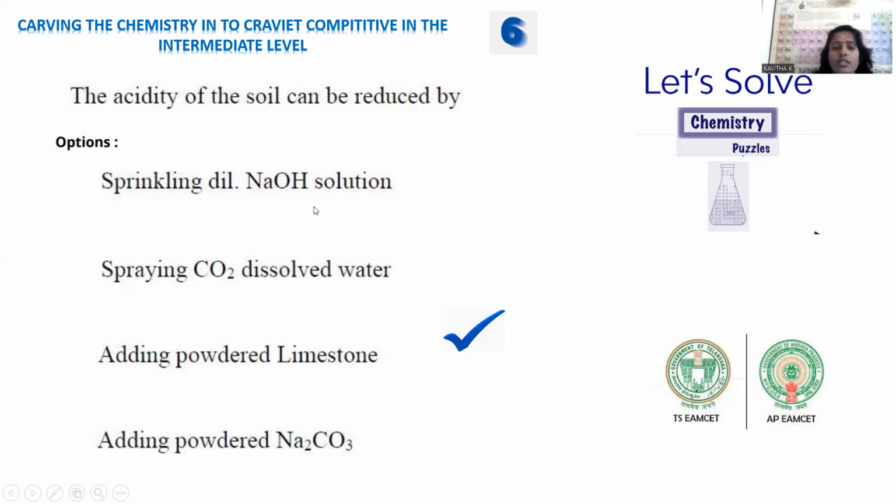In order to neutralize, what will be the suitable chemical required? Sprinkling of dilute sodium hydroxide, spraying of carbon dioxide dissolved in water, adding powdered limestone, or adding powdered sodium carbonate. Which is preferable? We have to check it out. So among all, the correct answer is adding powdered limestone.